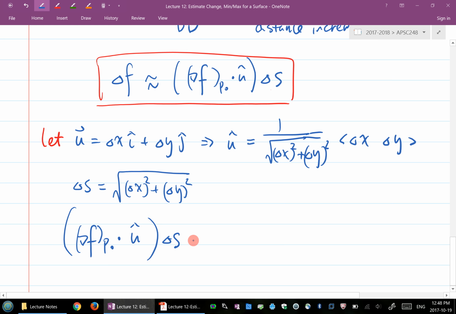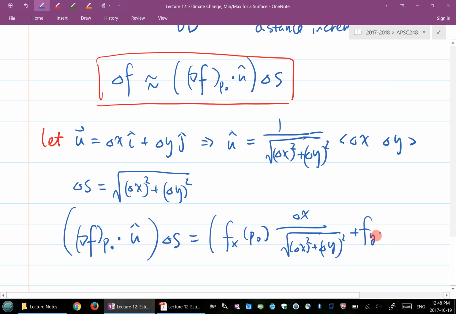If I plug all the available vectors and functions into this formula, what do we get? Basically we get fx times the first component, delta x over its length, plus fy at p0 times delta y over the same length. So that's the dot product.